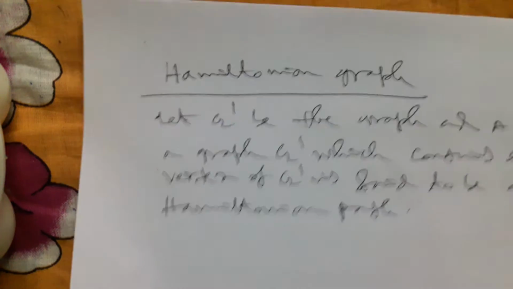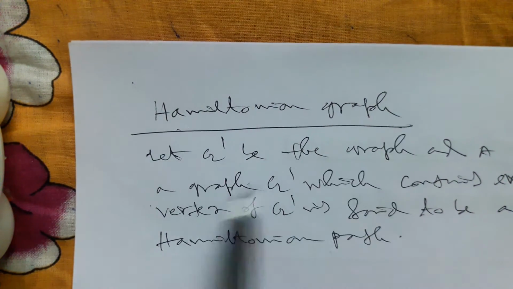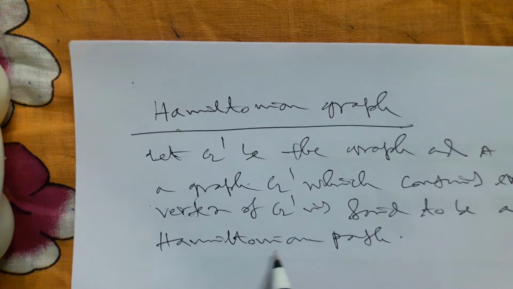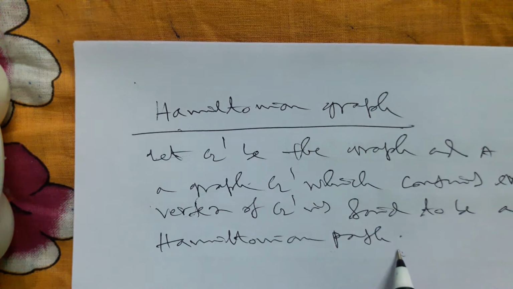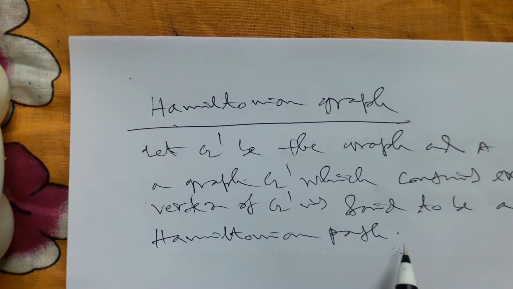So here, to get the idea of Hamiltonian graph, at first we consider what a Hamiltonian path is. Then we consider Hamiltonian cycle.